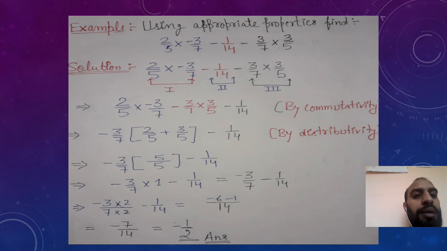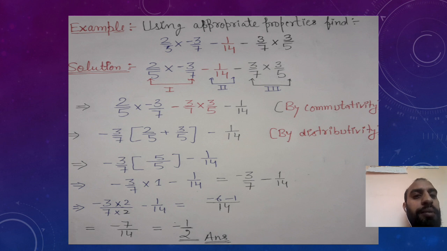Our first term I have written first, after then minus sign is there, in red color I have written 1 upon 14, then with the black color I have written 3 upon 7 into 5 upon 3 to distinguish the terms. Our first task is to check which two terms have the same rational numbers.